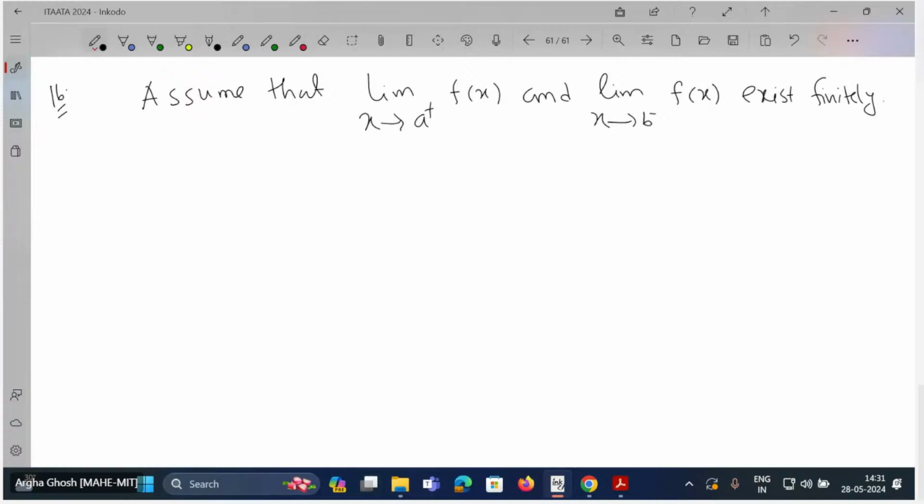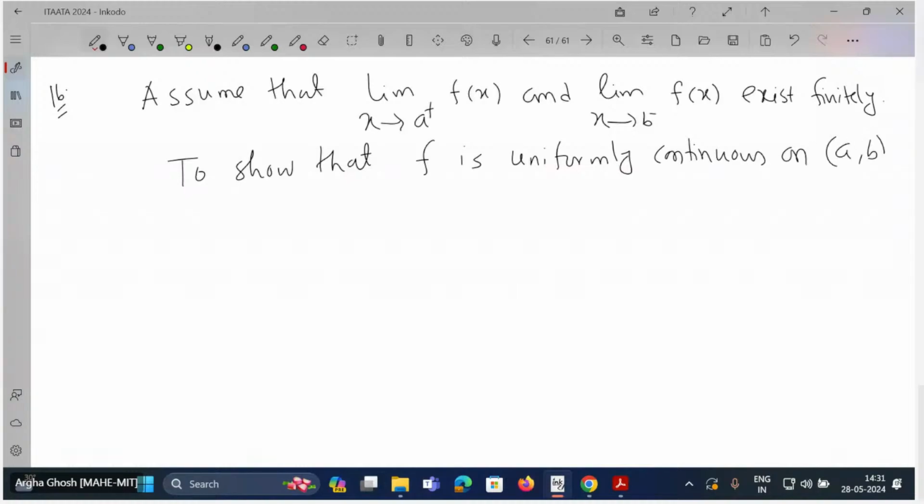Both exist finitely. What do you have to show? To show that f is uniformly continuous on the open interval (a, b). How to approach?